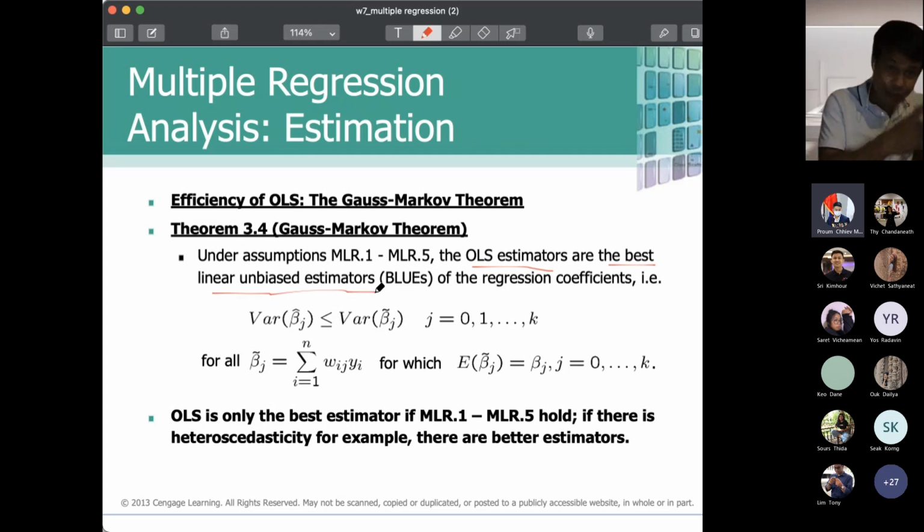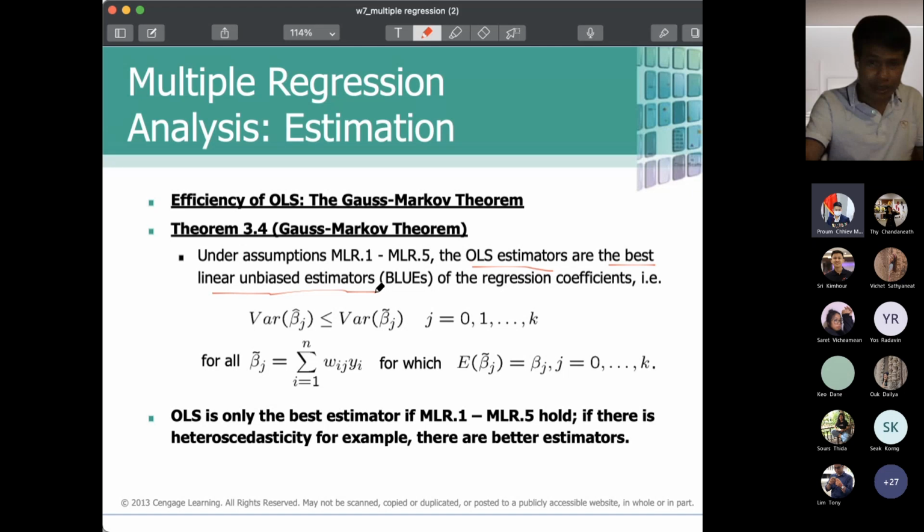If assumptions 1 to 5 are met, you obtain unbiased estimates, and you obtain unbiased standard errors of the estimate. It is said that the OLS estimator is the best linear unbiased estimator. We call it BLUE, the perfect model. OLS is the perfect model compared to other models. It's BLUE.